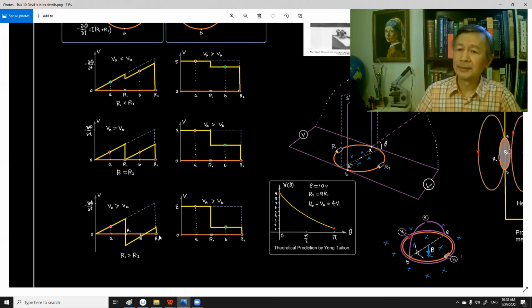This is my result based on the hypothesis of the electron density distribution, so that we can work out the potential distribution.